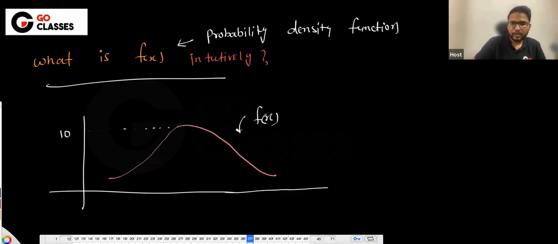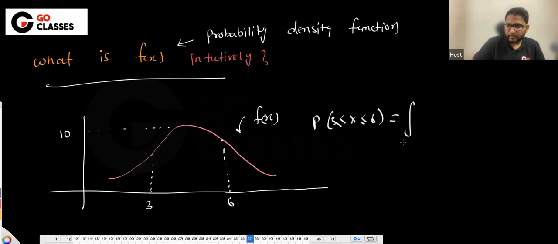Let's just see. Suppose that you are having this PDF, then tell me how to calculate the probabilities. Let's suppose this is the point 3, this is the point maybe 6. How to calculate the probability of x being between 3 and 6? You will say that you need to calculate this. This is nothing but the integration of f(x) from 3 to 6.